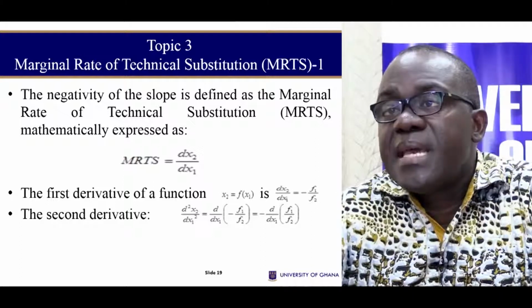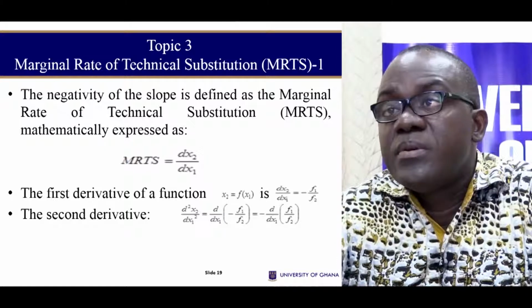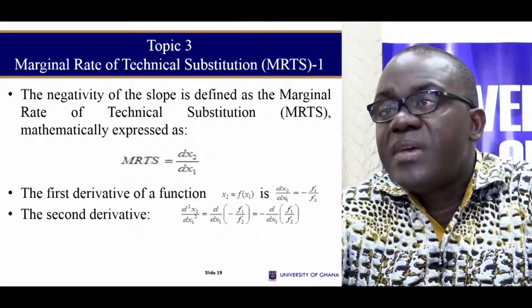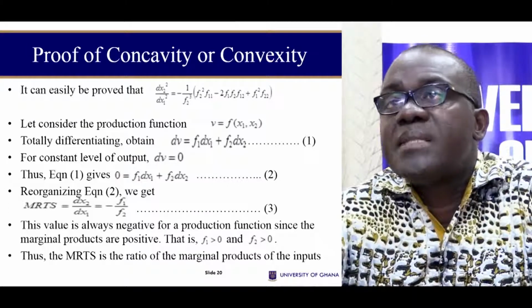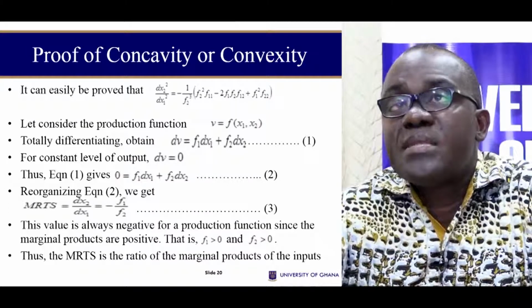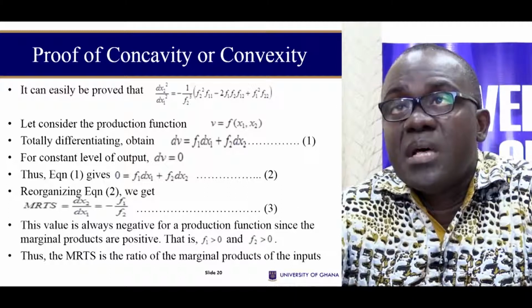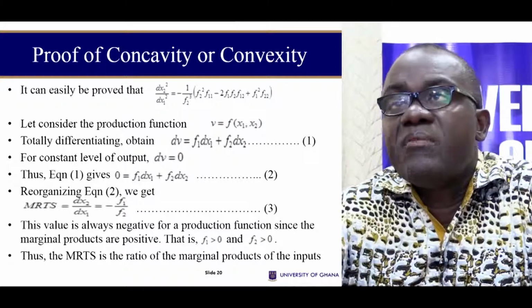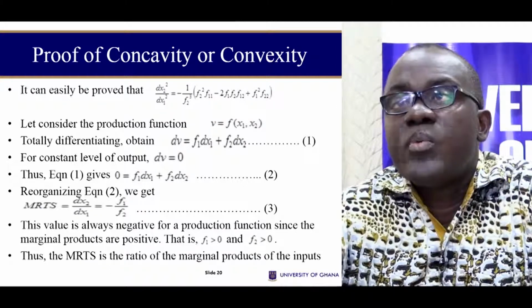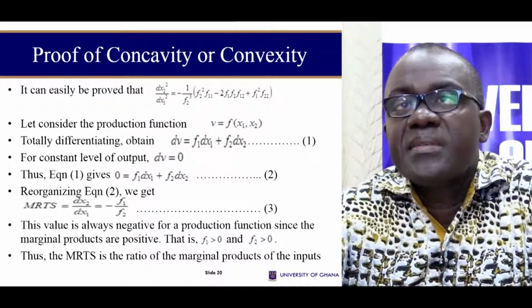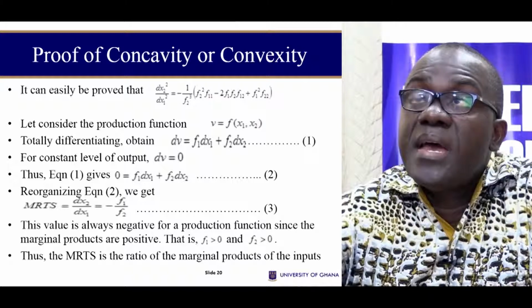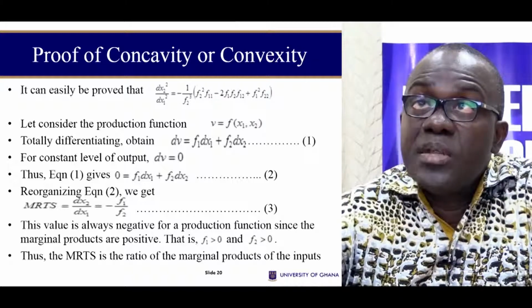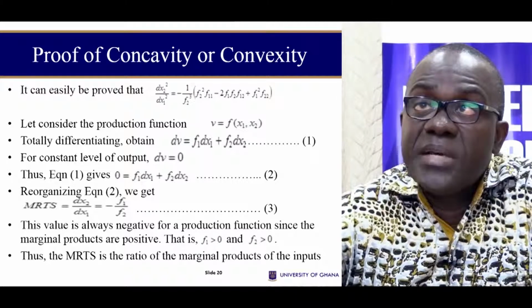When we take the second order derivative, we can also express it in this way, and you can easily convince yourself that the second order derivative will give us what we have over here.